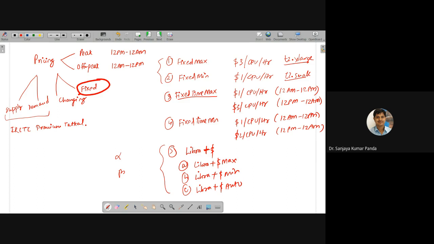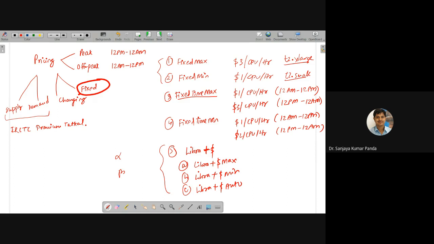Like I told you, supply demand is also one type of pricing scheme, right? So how will you determine this supply and demand? If you go for peak and off peak, the price is fixed. If you go for fixed and changing, in the fixed case it is fixed, in the changing case you can decide at what rate it is going to change. But designing a pricing scheme for supply and demand is most important.